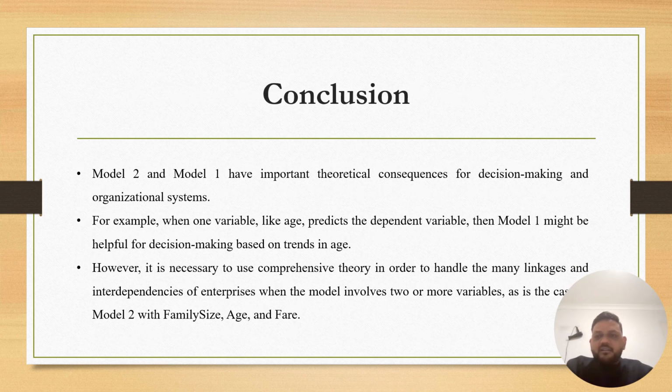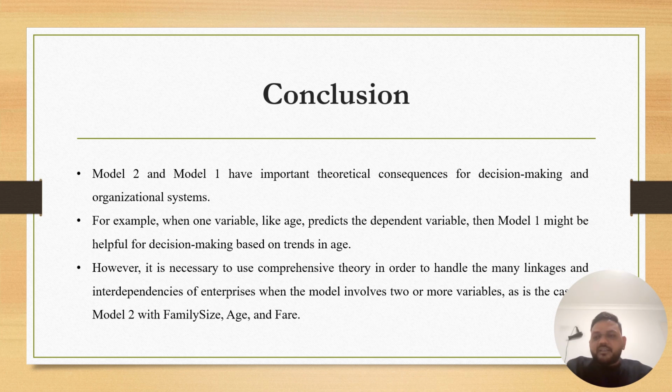Conclusion. The slide is showing that Model 2 and Model 1 have important theoretical implications for decision making and organizational systems. For example, when one variable like age predicts the dependent variable, then Model 1 might be helpful for decision making based on trends in age.